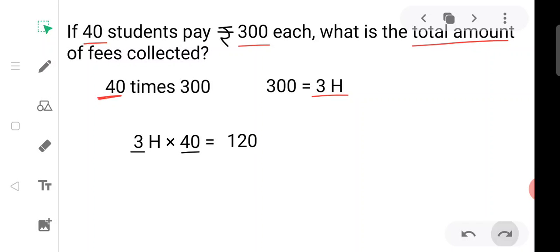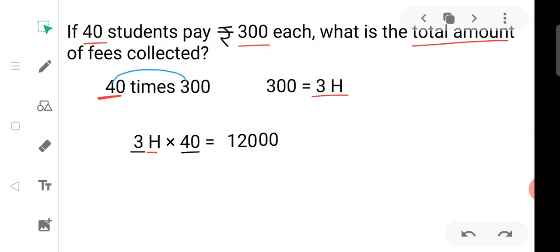So, we get 120h. And then see, here is h. So, we have to write 2 zeros in front of 120. So, if you multiply 300 by 40, we get 12,000.